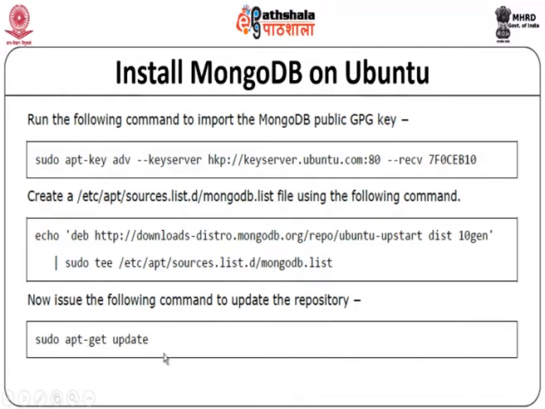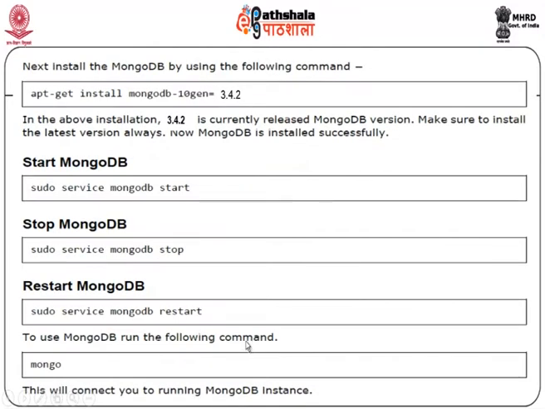So, make use of the update command and then update the repository. Having updated, next you need to install MongoDB by making use of the command install mongodb-10gen and indicating the specific version. The most recent version is 3.4.2 and that is what is indicated here.